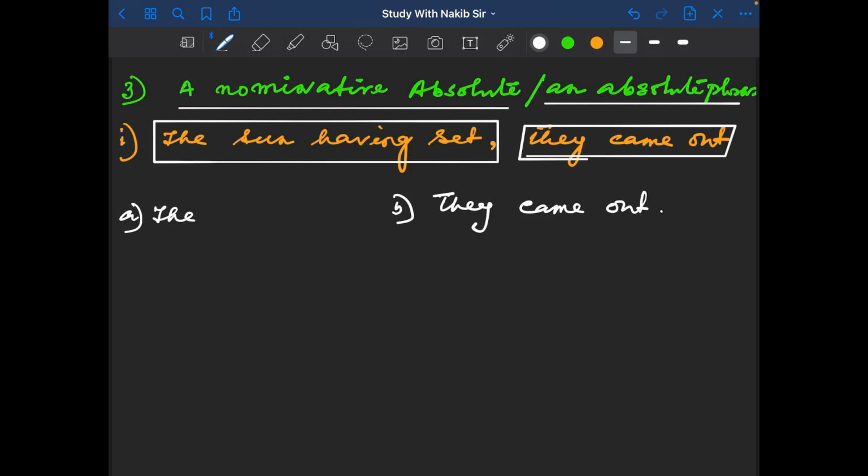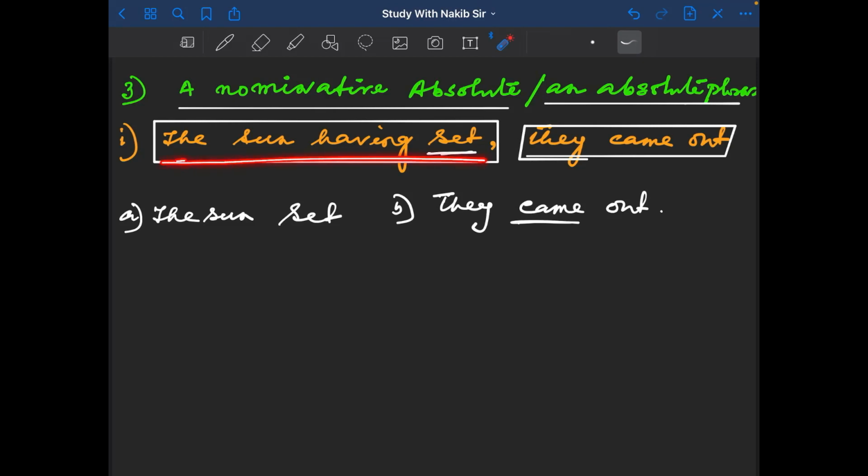And this one, the sun, you know, I told you that when you don't get a be verb in a sentence, use having plus the past participle of the verb. So remove having here and use the past tense of this verb as it is past tense. So thus, the sun set. So the two sentences are the sun set and they came out.